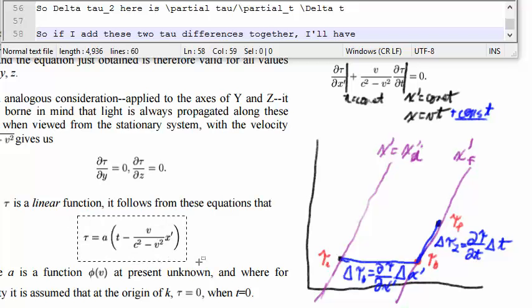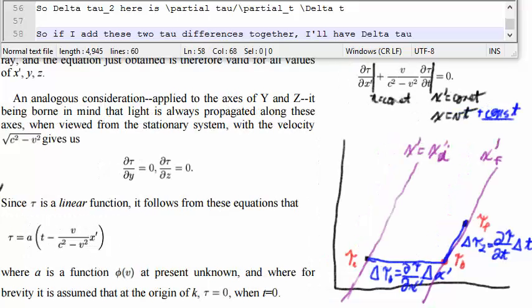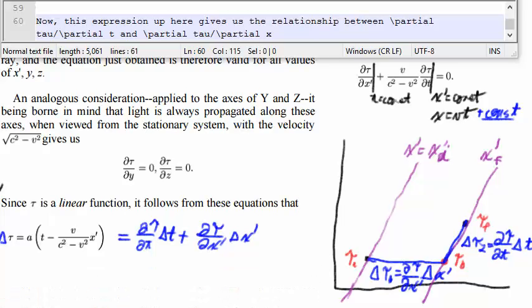So if I add these two things together, I'll have delta tau equals del tau del t delta t plus del tau del x prime delta x prime. Now this expression up here gives us the relationship between partial tau partial x prime and partial tau partial t. So let's get that in there.